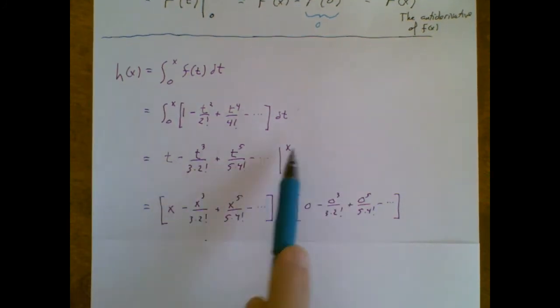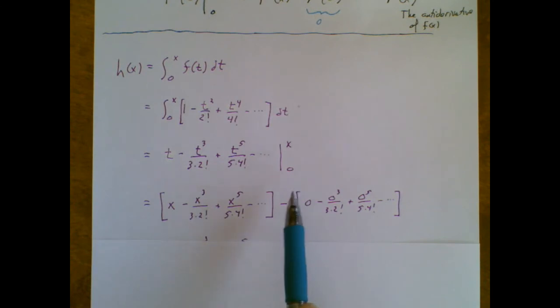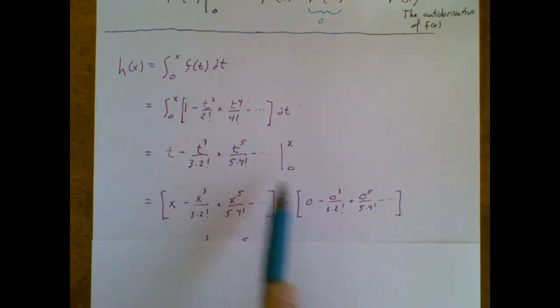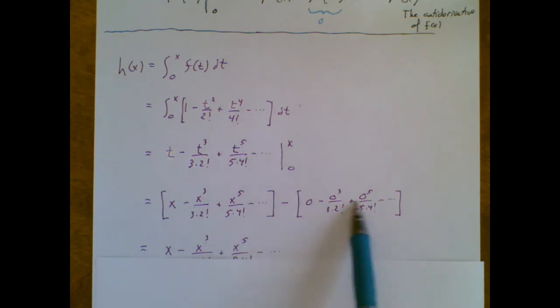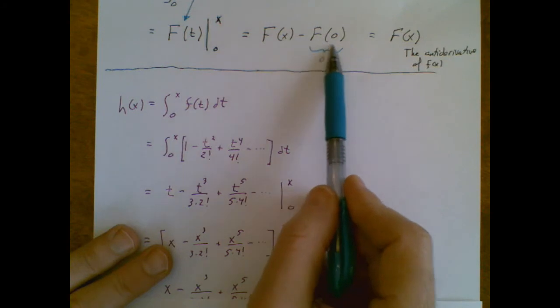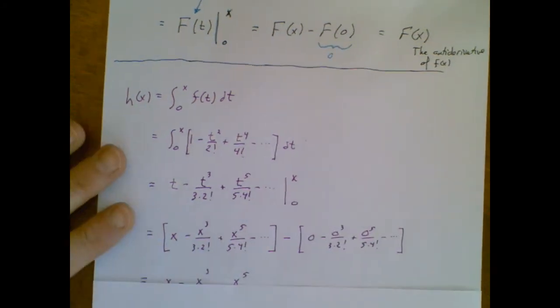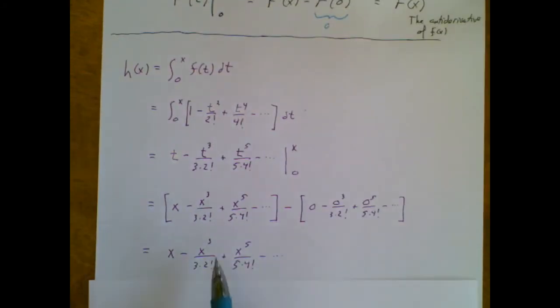X goes into each one of these terms, then a 0 goes into each one of these terms, and I subtract them, but lucky for us, all of these are going to end up equaling 0. That's kind of the equivalent of this thing ended up being 0. And so we end up with just this, which is the antiderivative of f of x.